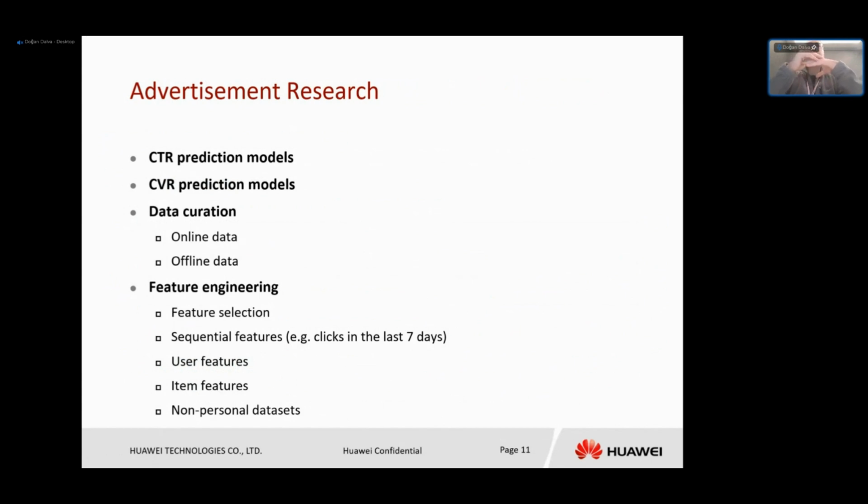We also perform feature engineering, feature selection, and converting sequential features into a representable format, user features, item features, and produce non-personal datasets. Non-personal dataset means datasets that don't contain personal information.